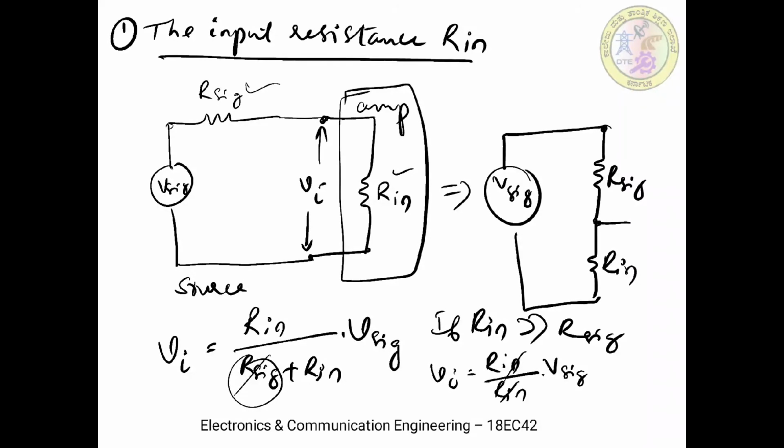The Rin will cancel, so the input voltage Vi will be equal to VSIG. The meaning here is, in order to completely couple the applied signal to the transistor amplifier input, our Rin should be very high, ideally infinite.